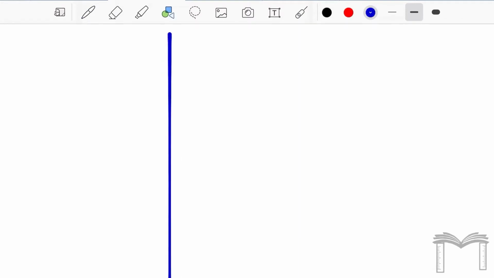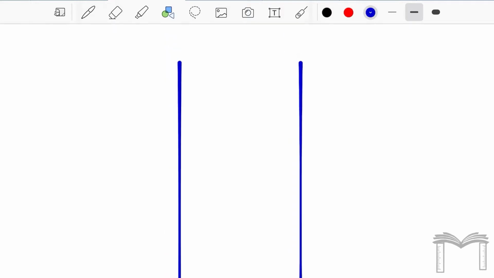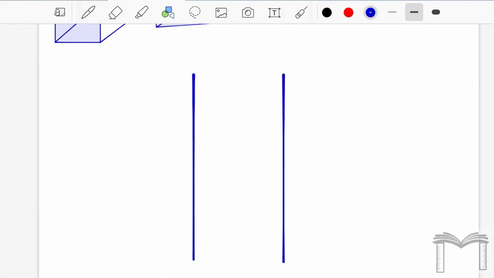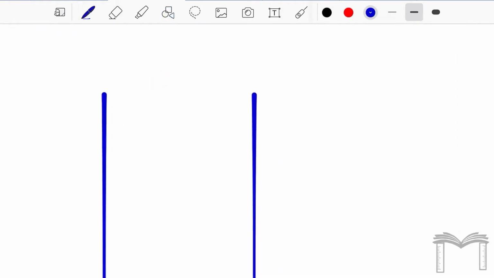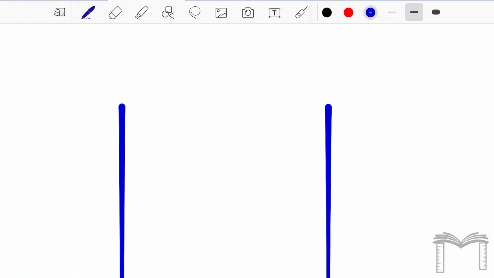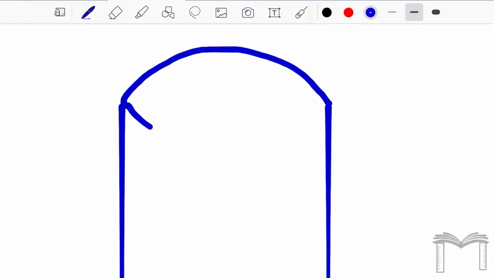Next we have a cylinder. So a cylinder is like a tin of peas. So at the top and below we are drawing an oval connecting the 2 parallel lines on the sides.